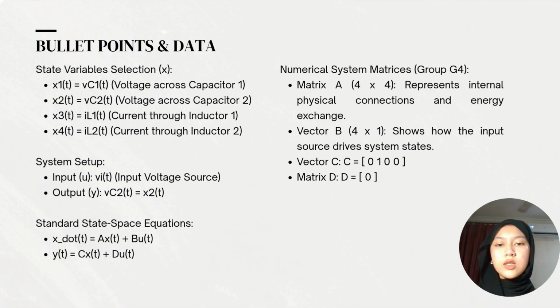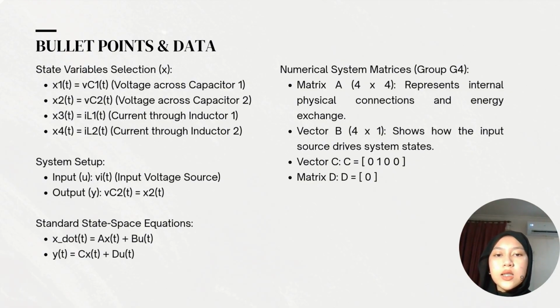Number three, x3(t) representing the current through inductor 1. And number four, x4(t) representing the current through inductor 2. For our system setup, the input u(t) is the input voltage source Vi(t) and our target output y(t) is defined by the voltage across capacitor 2, which corresponds directly to x2(t).